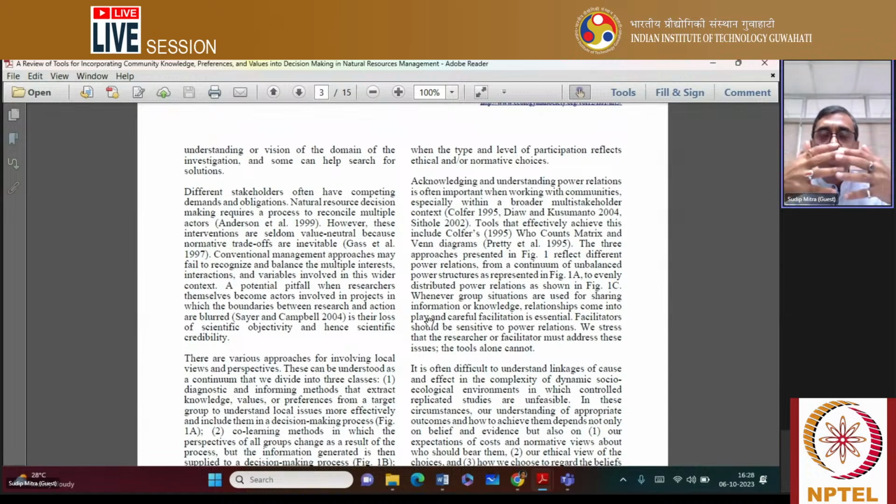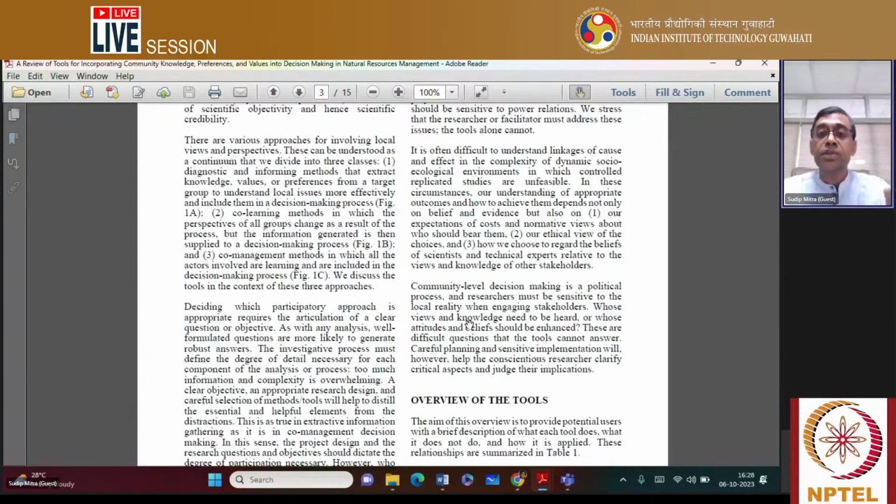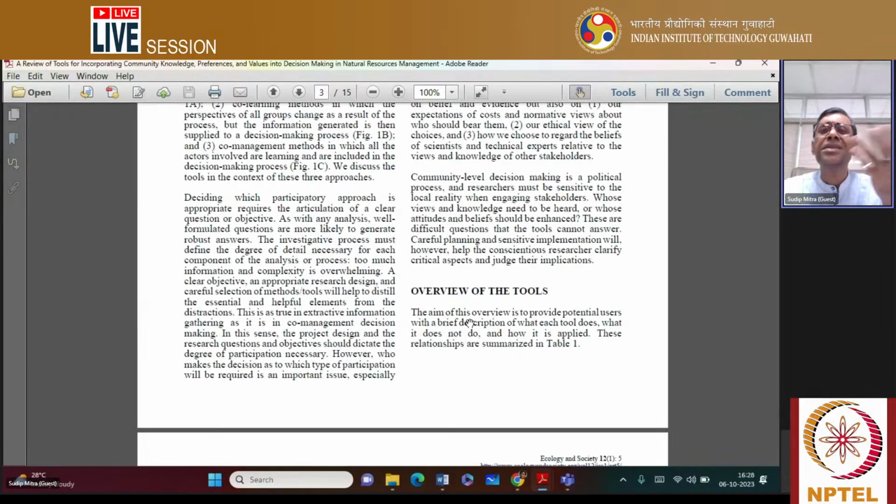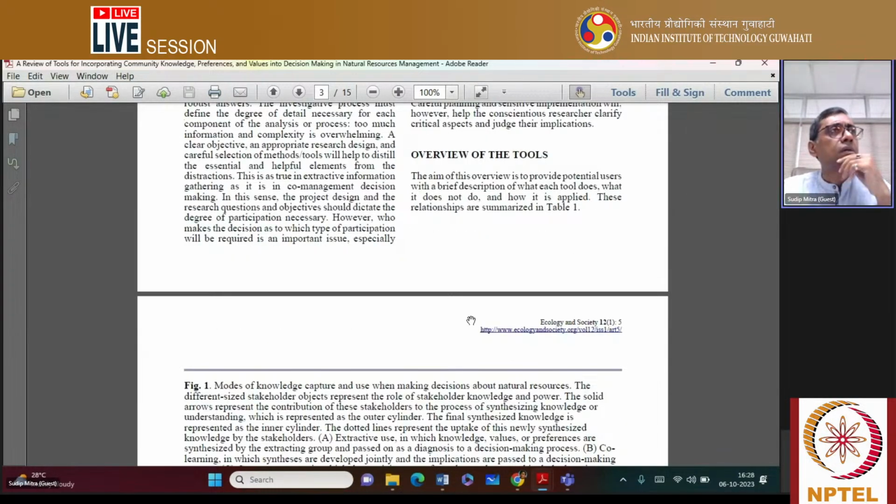Now, if we understand these two things in a better way, then we can make a better informed decision. There are various tools. I believe that in upcoming lectures, you will also see videos on participatory rural appraisal and rapid rural appraisal.